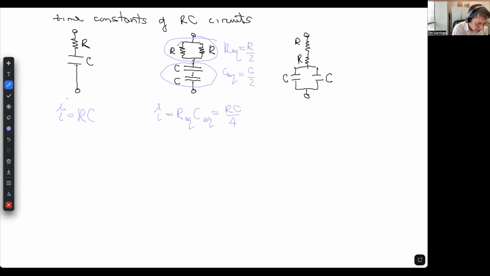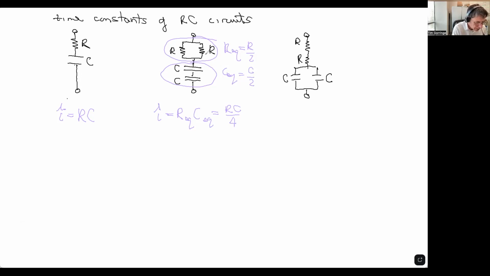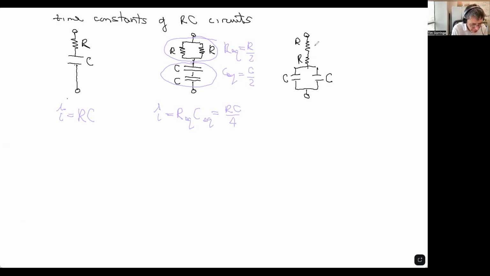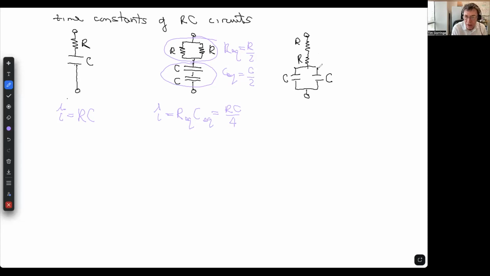And so by assembling two resistors, two capacitors in this particular arrangement, we've actually made a circuit that has a time constant that is 1/4 of the time constant of our circuit over here on the far left. Let's do the same thing for the third circuit, which is the one over here on the right-hand side.